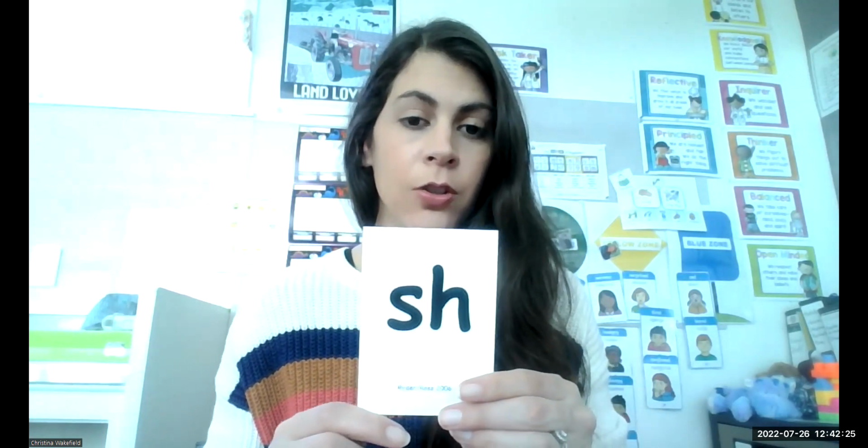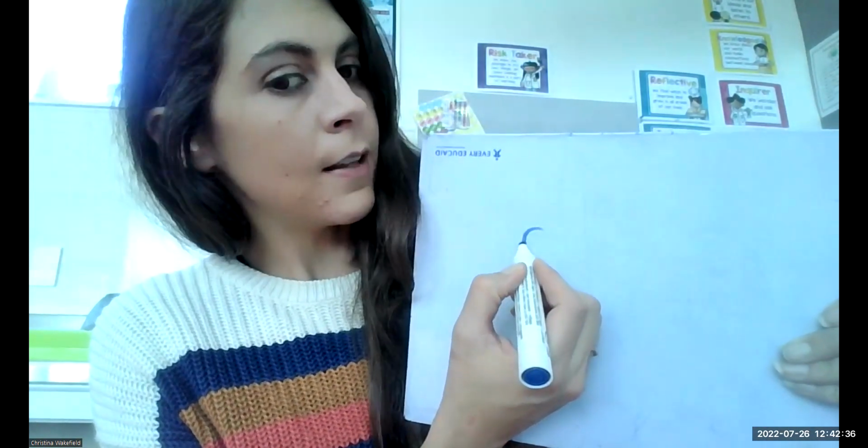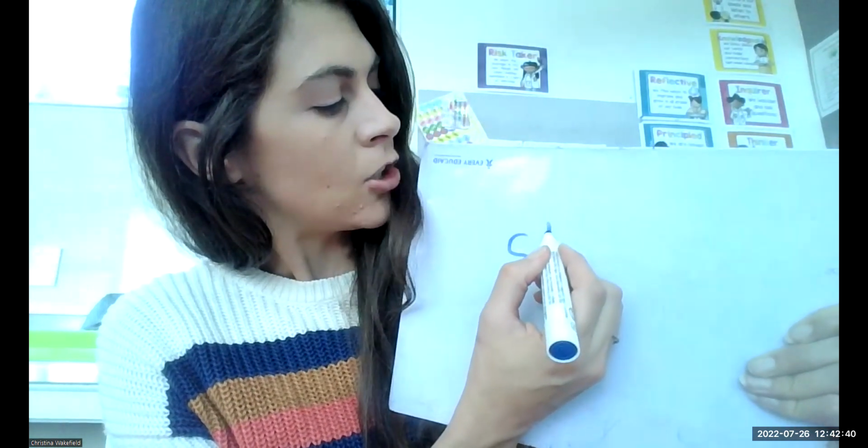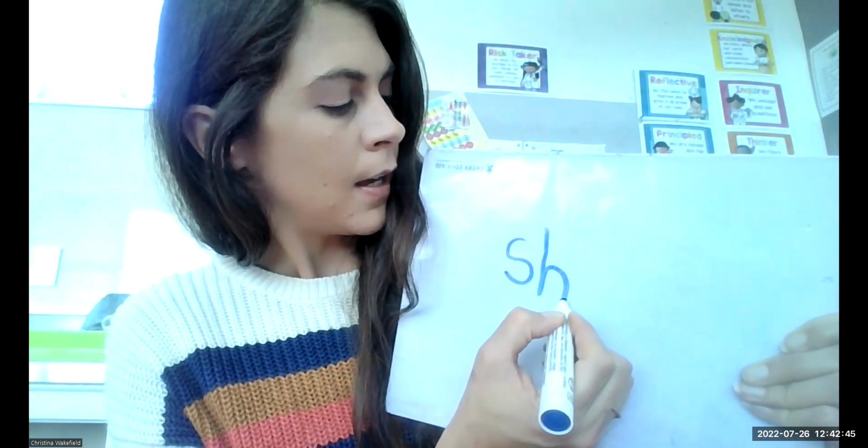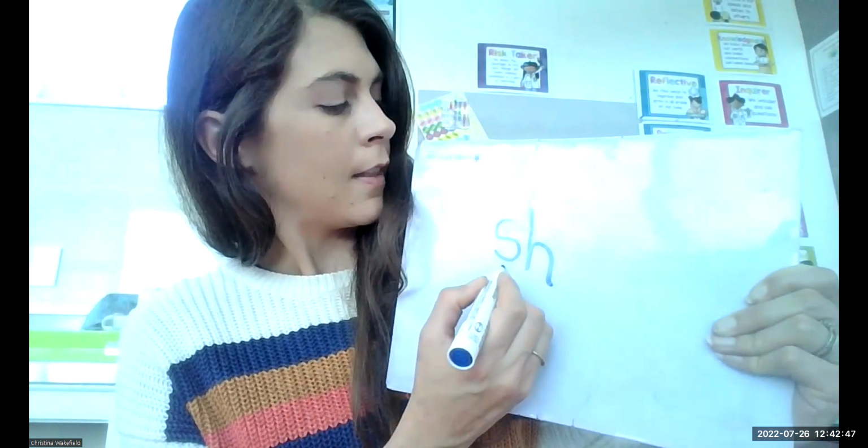Now, what we're going to do is you're just going to practice quickly for me writing the sh. So how do we write the sh? We start, slither down the snake, and then we do the h, down the line, up the line, and round. Okay, that's a sh.